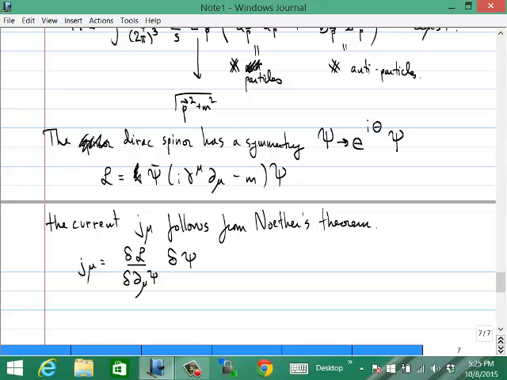So what is the variation of the field? The infinitesimal variation of the field is just proportional to the field. And what is the variation of the Lagrangian with respect to ∂_μ ψ? Well, that's just ψ̄ γ^μ. So the total current is just ψ̄ γ^μ ψ.